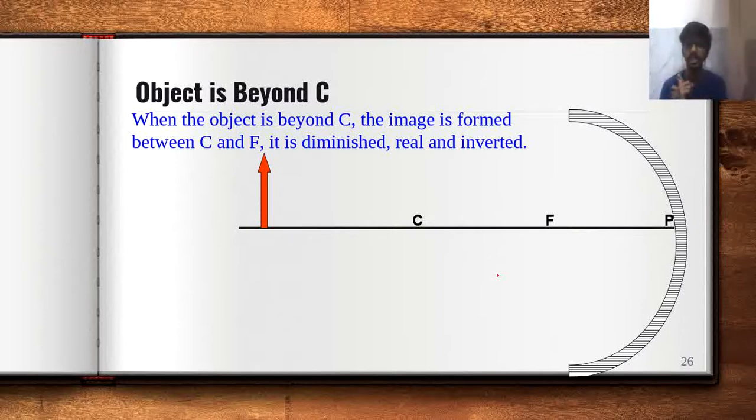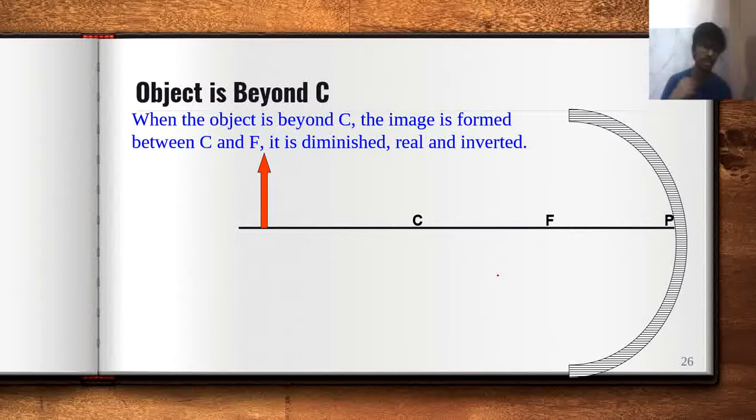Out of the 2 incident rays, one incident ray must be the line parallel to the principal axis, and the second incident ray you have to find, and in most cases the second incident ray will be decided by the next point.